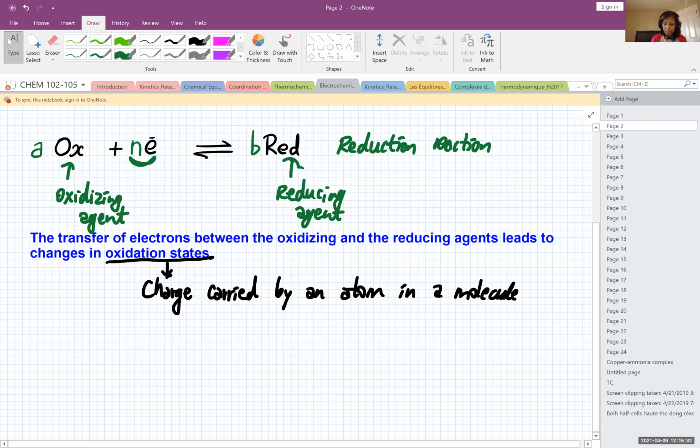So an increase, anytime we see an increase, and I'm just going to abbreviate oxidation state. You will see me do that a lot on the coming slides. So an increase in oxidation state means oxidation has happened.